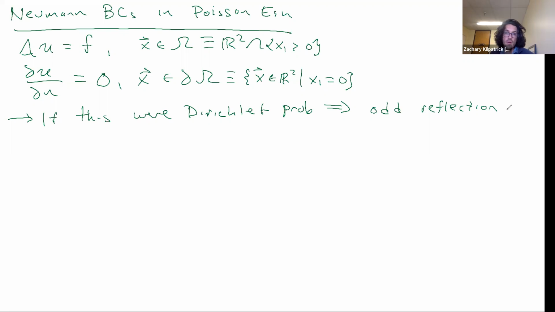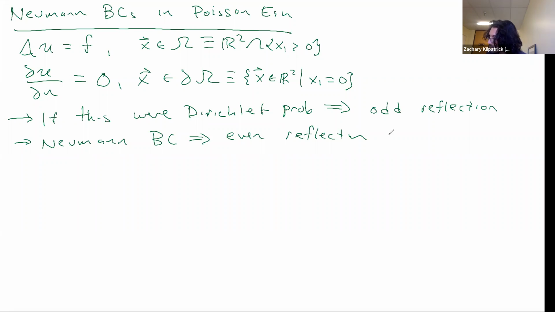Remember that in the case of the heat equation, the way to zero out the boundary is to subtract off the fundamental solution reflected to the other side, of the real space where you are not solving the PDE. In the case of the Neumann boundary condition, we want to use even reflection.